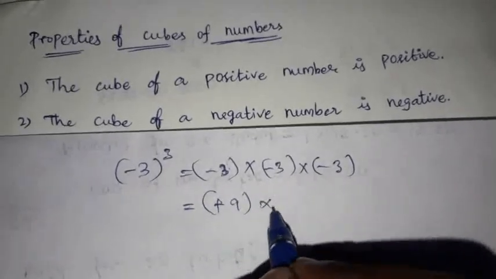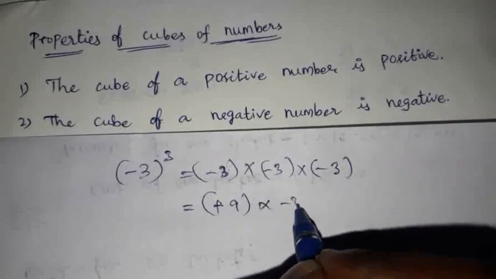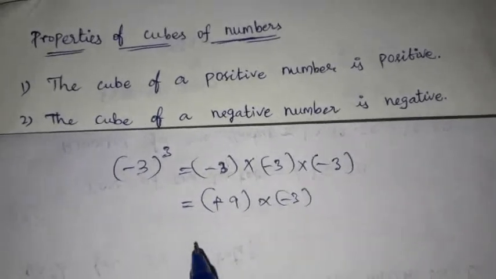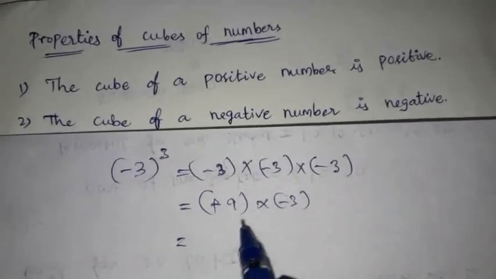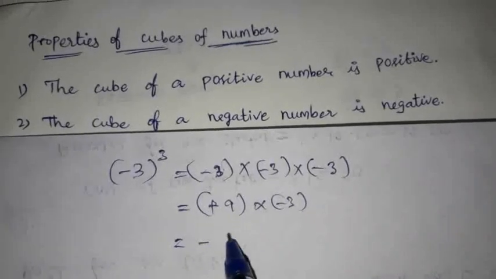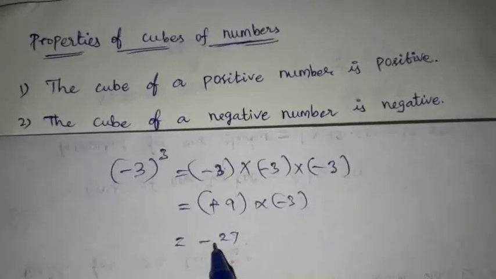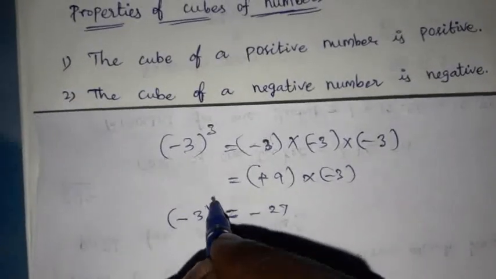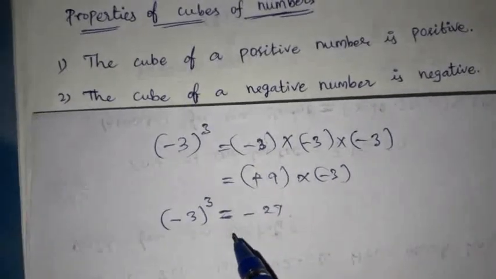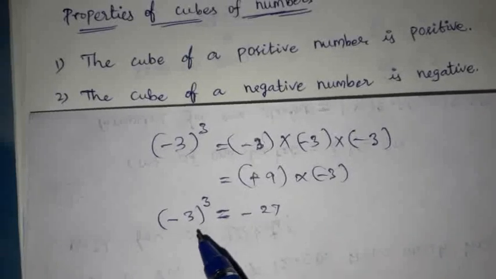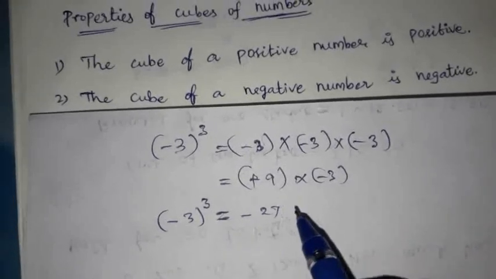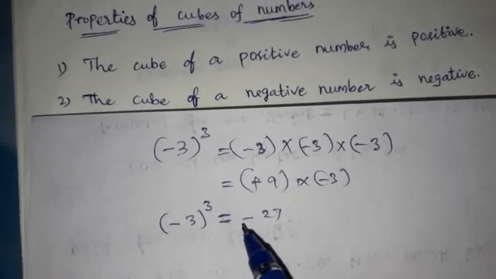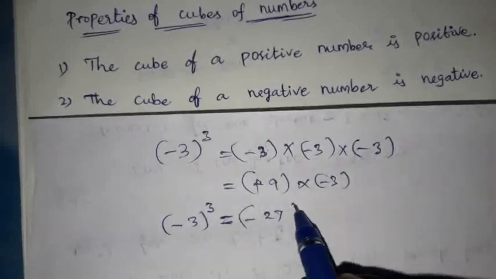Plus 9 into minus 3. Plus into minus equal to minus. 9 threes are 27. So we got the answer minus 27. We finally understood the cube of a negative number is negative. Minus 3 the whole cube equal to minus 27.